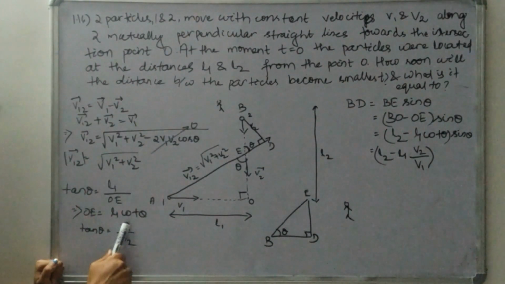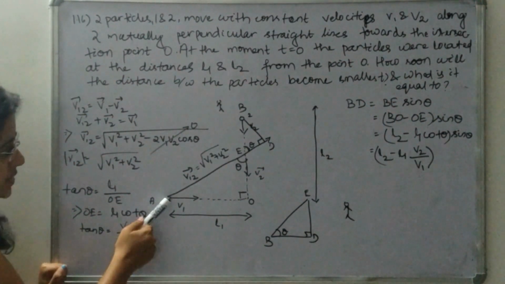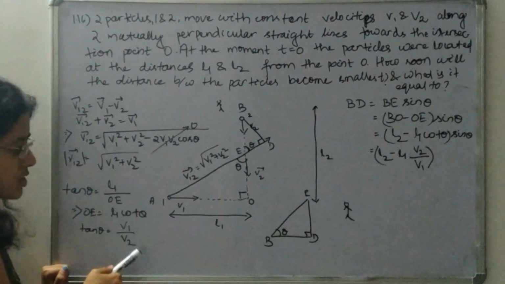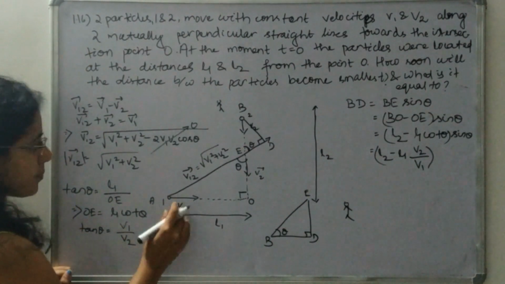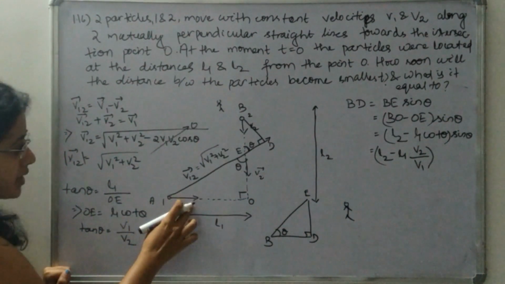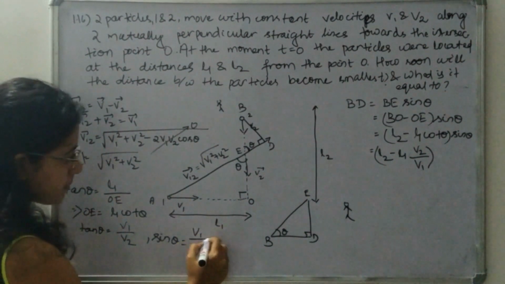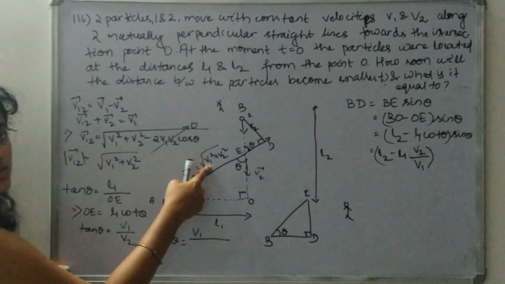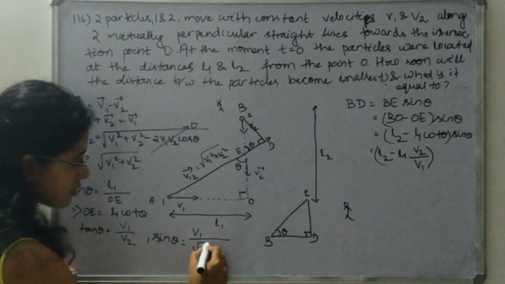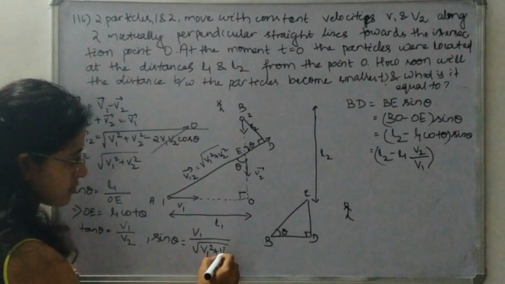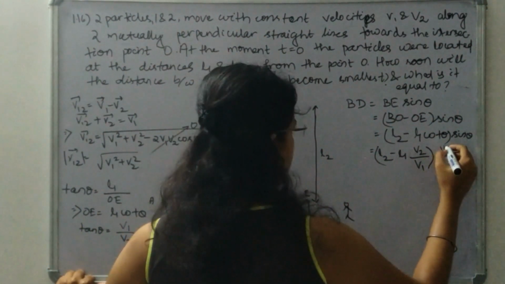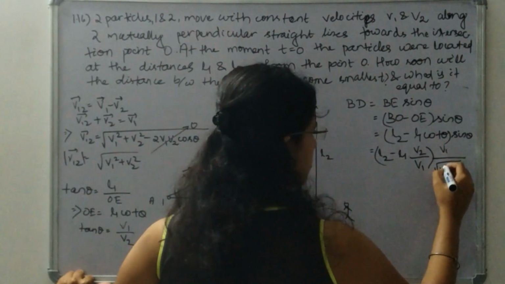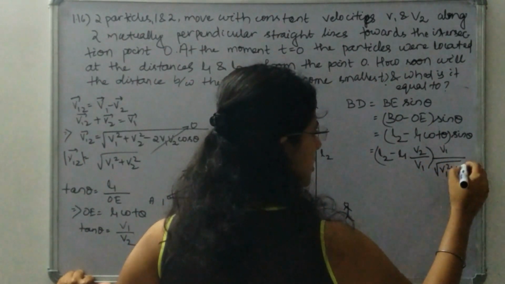For this AOE right angle triangle, sin theta is how much? P divided by H. P is V1, H is the square root of V1 square plus V2 square. Simply, you have to put V1 divided by the square root of V1 square plus V2 square.